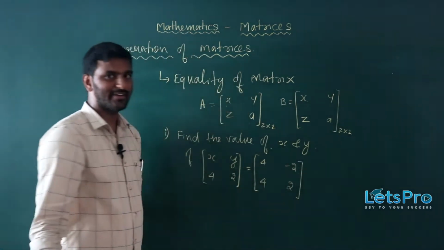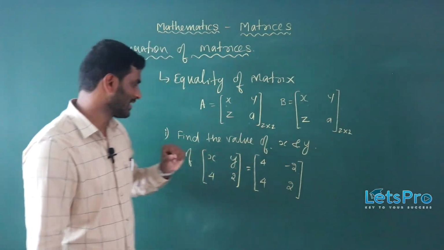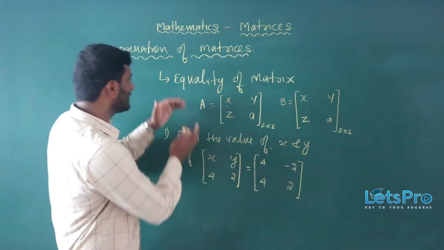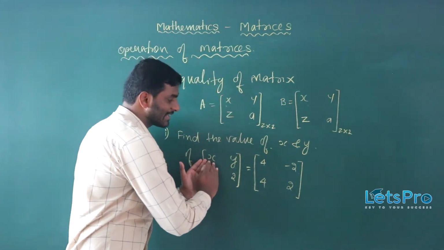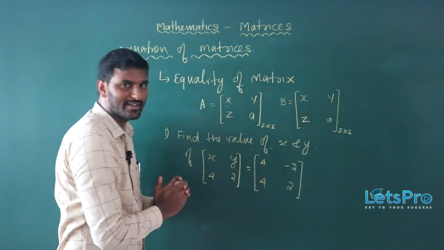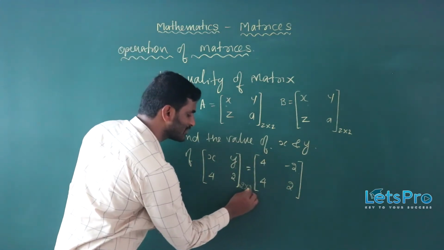Yes, it's a very easy question. If they ask questions like these, we can easily find the solution. As I told in the equality of matrices definition, we just need to equate the corresponding elements and check the order of the matrix. The order of the matrix is 2 cross 2.